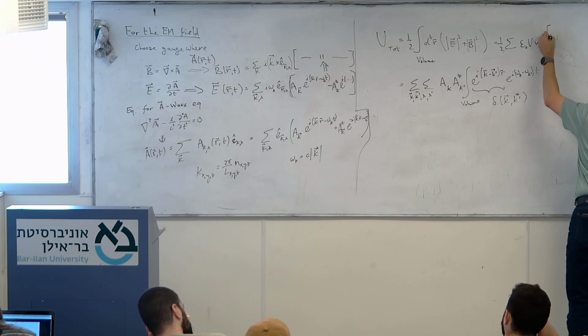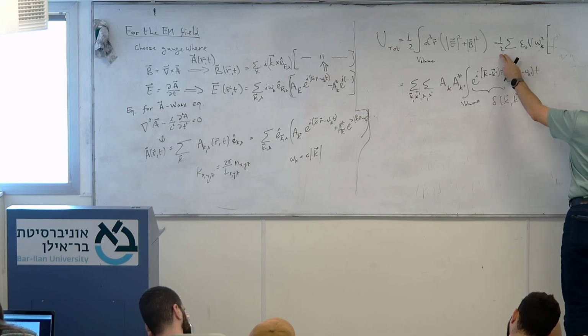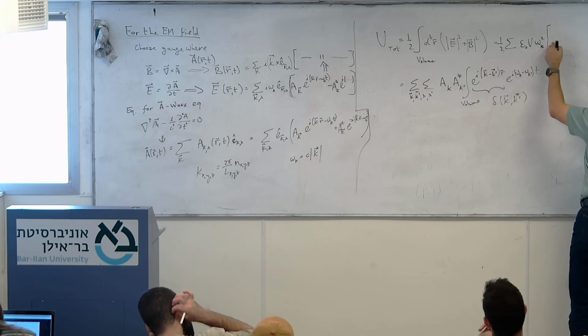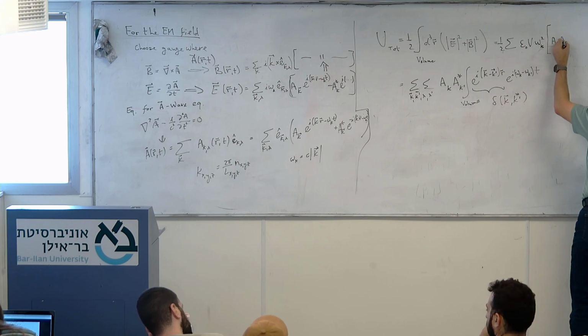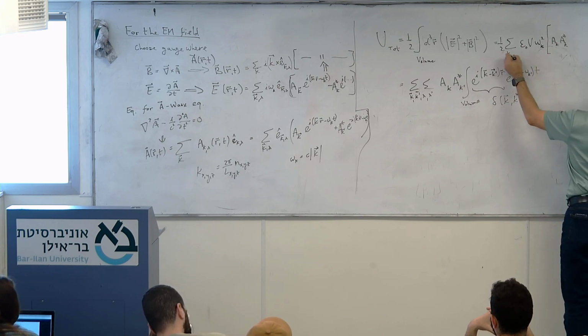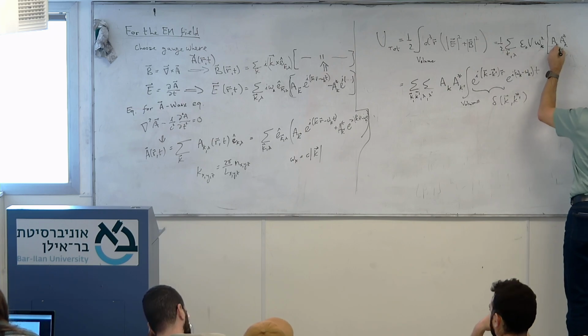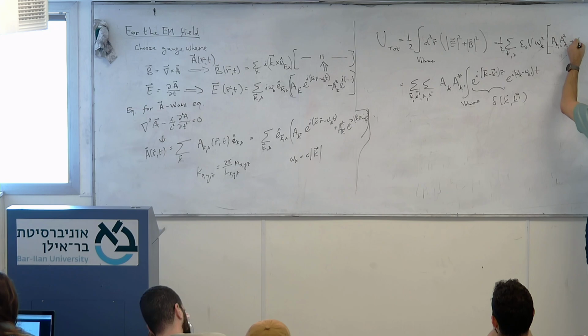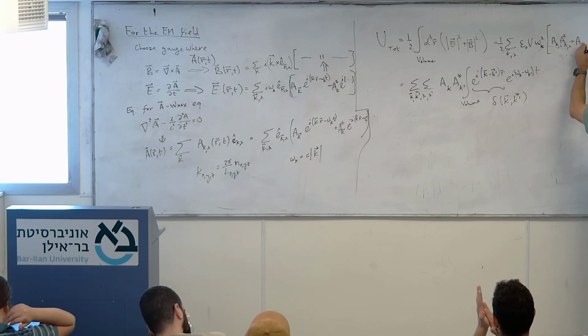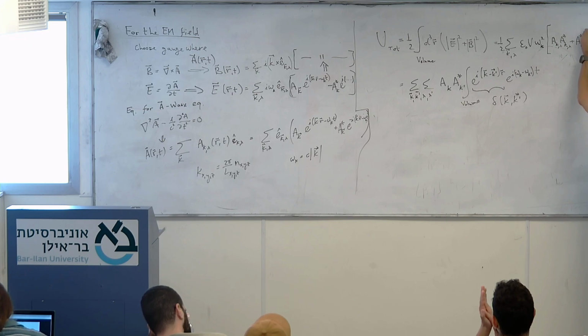I'll tell you why there was a half here, because here I want to write something like A_k star, sum over k and lambda, plus A_k lambda star A_k lambda.